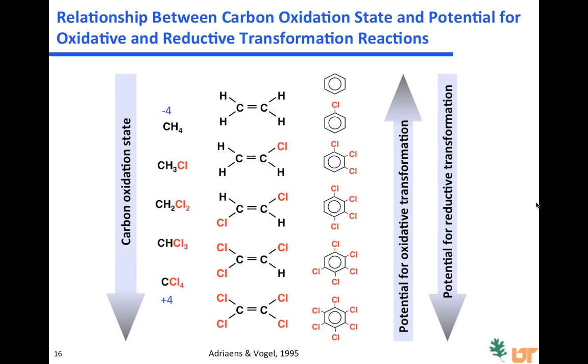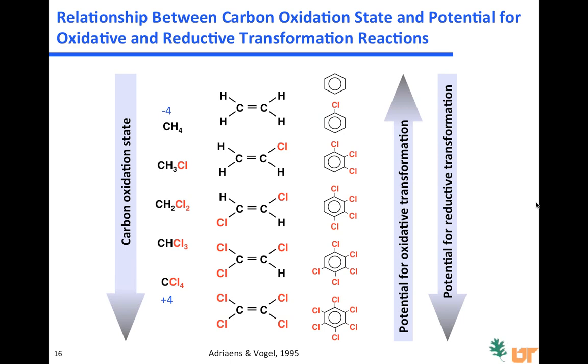So the potential for oxidative transformation increases as the degree of substitution with chlorine atoms decreases. Benzene is very easily oxidized. Hexachlorobenzene is not. Now, the potential for reductive transformation increases as the degree of chlorination increases. In other words, hexachlorobenzene or PCE are more susceptible to reductive transformation than to oxidative transformation.